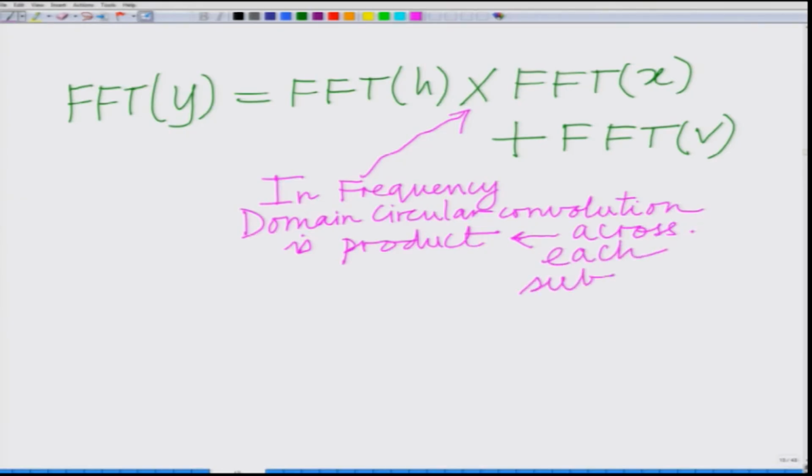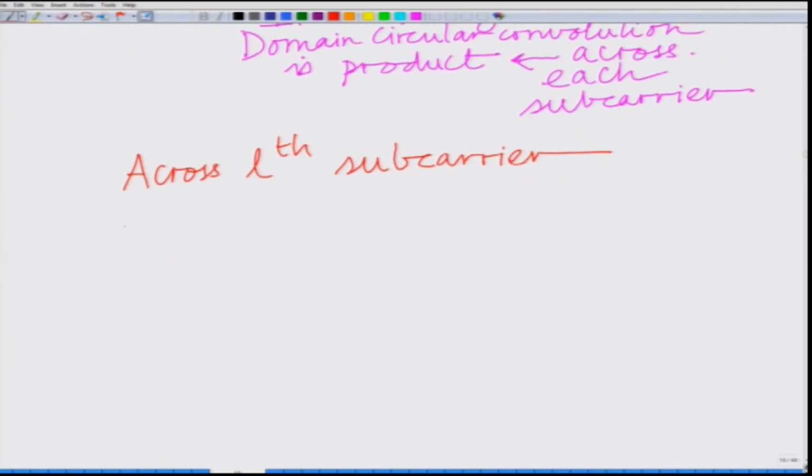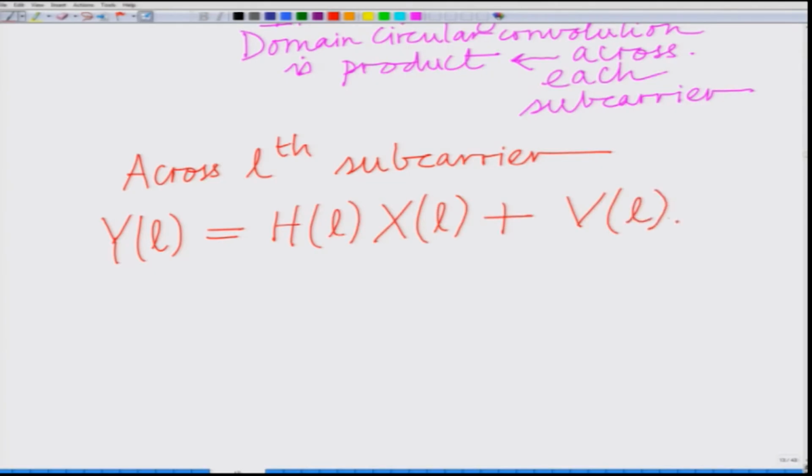That is the important aspect, because each subcarrier represents a frequency component, and therefore, across each subcarrier, what do we have? For instance, across the Lth subcarrier, and remember, we have n equal to 4 subcarriers, we have YL equals HL times XL plus VL.